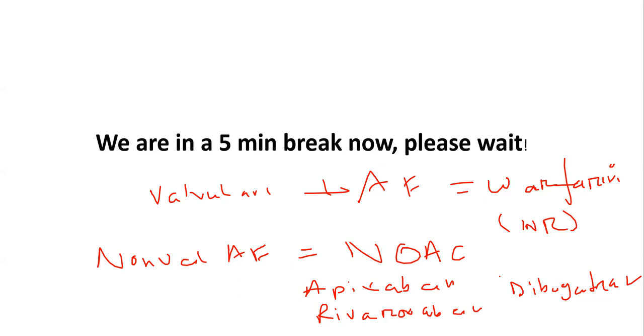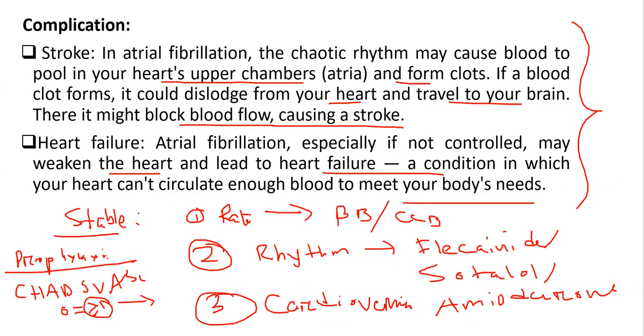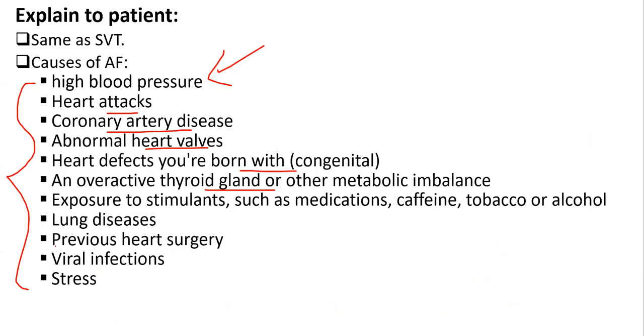Management starts with stable or unstable. If stable, then rate control, rhythm control, cardioversion. Then you have to find out if this patient is at high risk of developing a clot or a stroke. If so, you have to start the patient on anticoagulants.